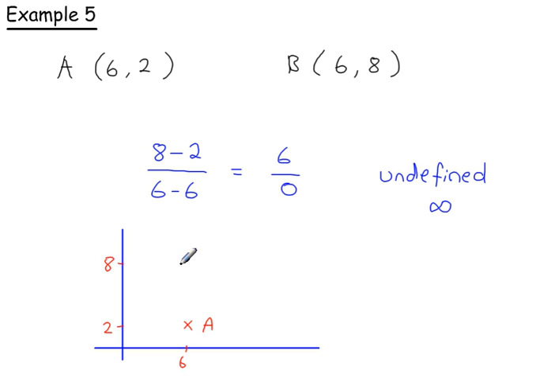So let's say this is point B. Then the line that goes through these two is vertical. So vertical lines always have a gradient that's undefined. It's infinitely large.